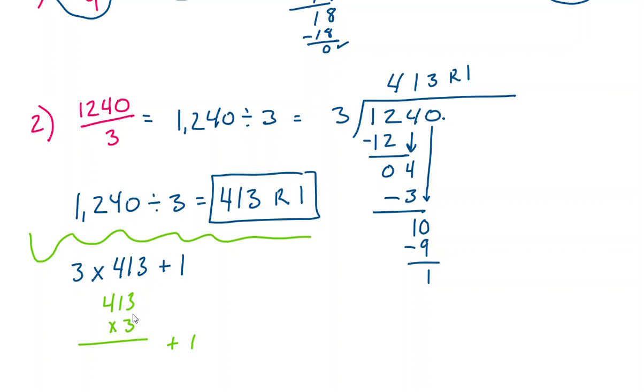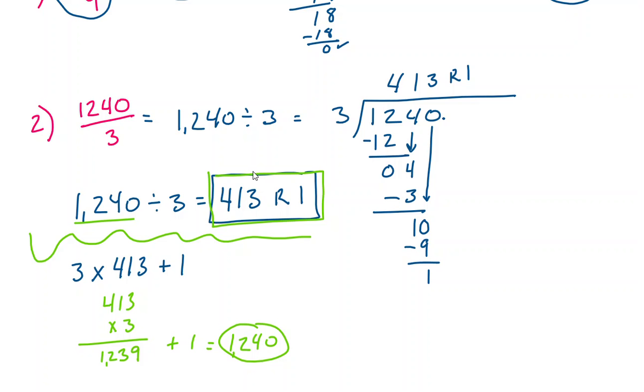Okay, so 3 times 3 is 9, 3 times 1 is 3, 3 times 4 is 12. So 1,239 plus 1 is 1,240, and that's what I started out with. So that worked. So this answer is true. We checked our answer, but the real answer is 413 remainder 1.